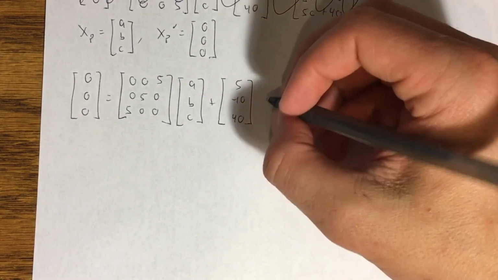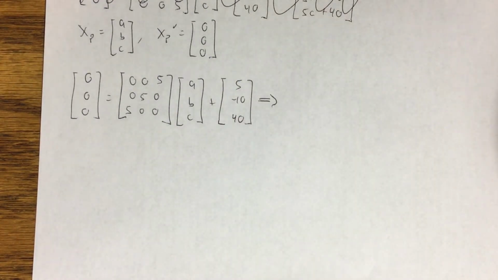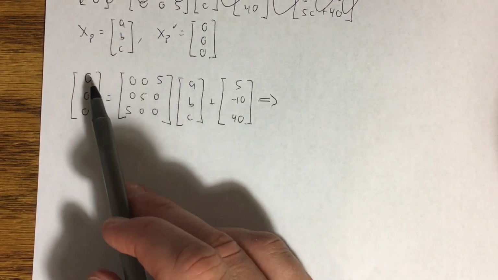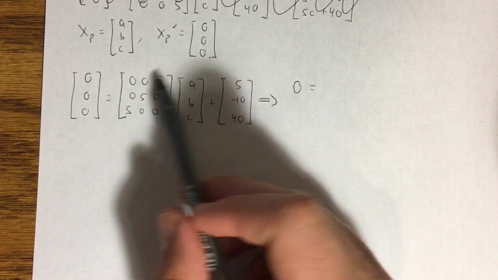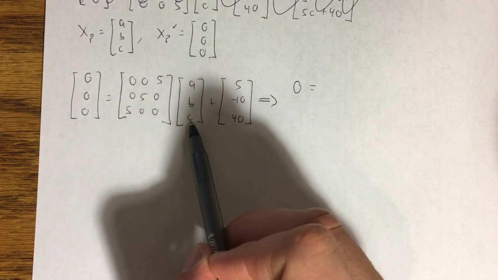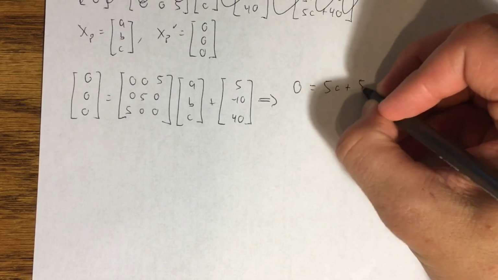So what is this going to lead us to? Well, again, it's going to lead to a system of equations. I'm going to have 0 equals, when I multiply this column matrix to this row, 5c plus 5.